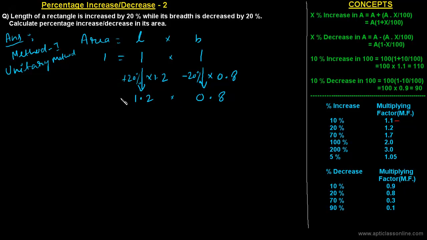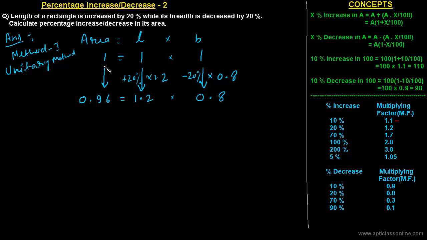So what will be the next area? New length is 1.2, new breadth is 0.8. So the next area will be 1.2 into 0.8, that is equal to 0.96. So the initial area was 1 and the new area is 0.96. Can you tell the percentage decrease?